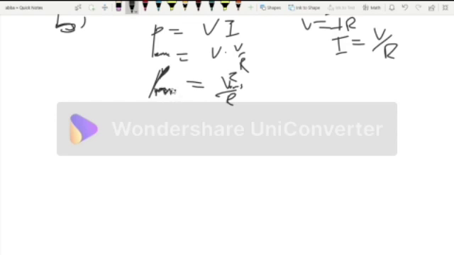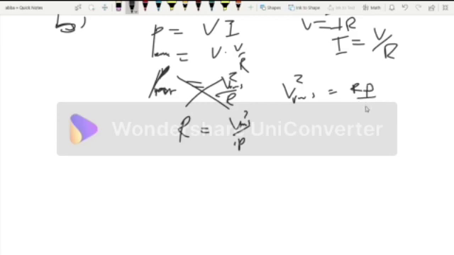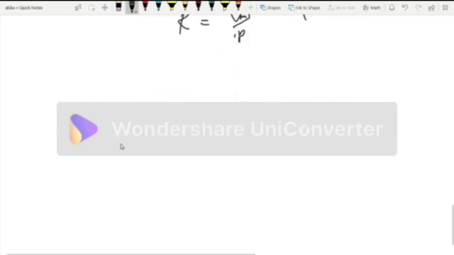So now having the average power, this is what we're going to do. They're saying calculate the resistance. So now R is going to be Vrms squared over P. If you cross multiply this, you're going to have Vrms squared equals RP, then divided by P, sorry, divided by P. This will cancel this, then R will be Vrms squared over P. So now we can substitute 230 squared over the power 1500.